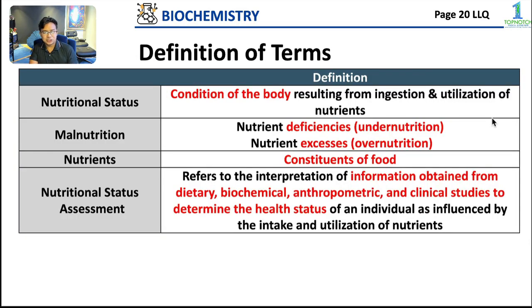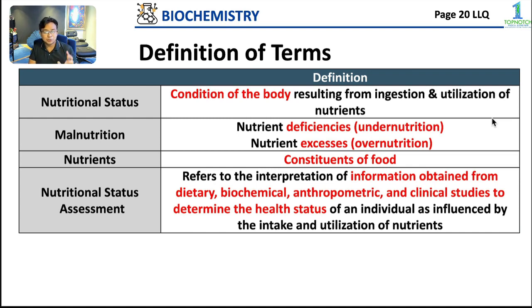Now, for some definition of terms, nutritional status refers to the condition of the body in relation with nutrition. Malnutrition can be either undernutrition, kung saan meron kang deficiencies in some nutrients, while overnutrition refers to excesses in some nutrients.